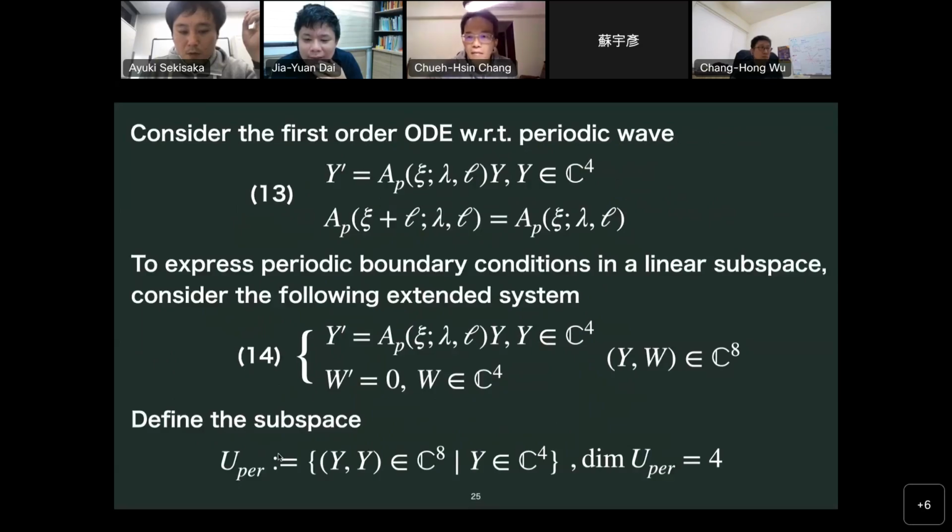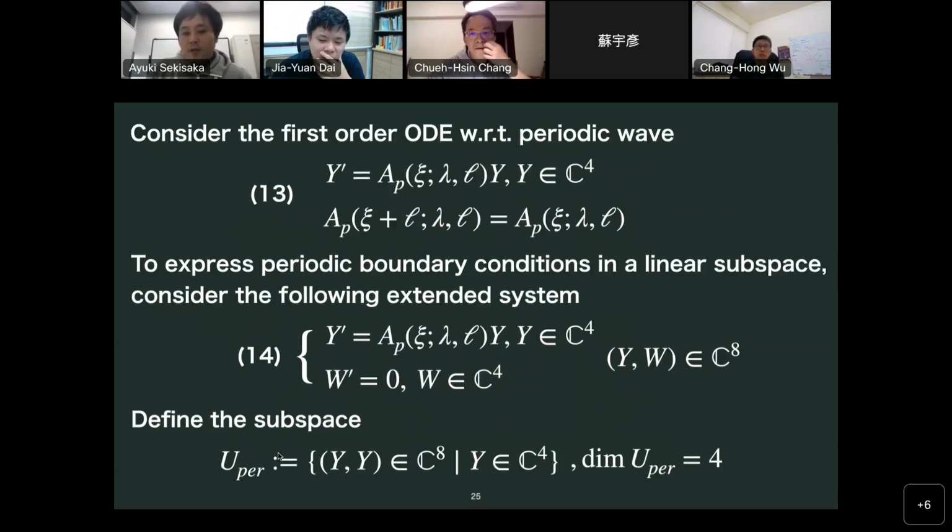Oh, sorry, I don't understand your question. Is equation 13 the boundary condition? The second one, right? So equation 13. Yes. Okay. So we want to show the periodic solution in 13.